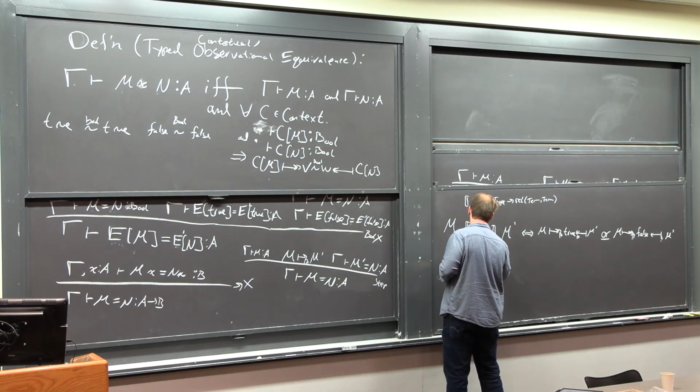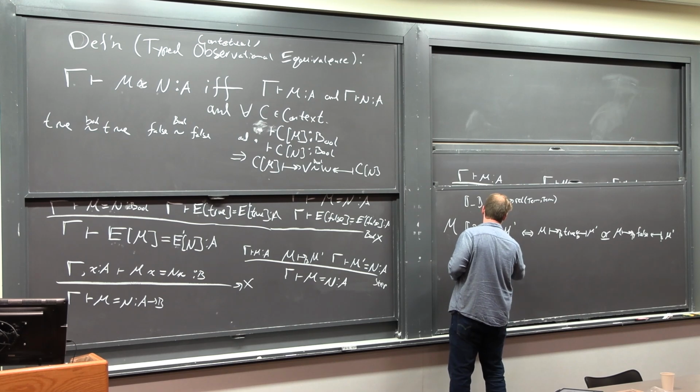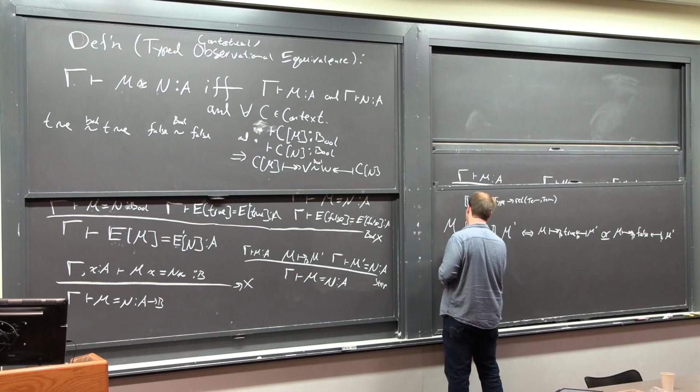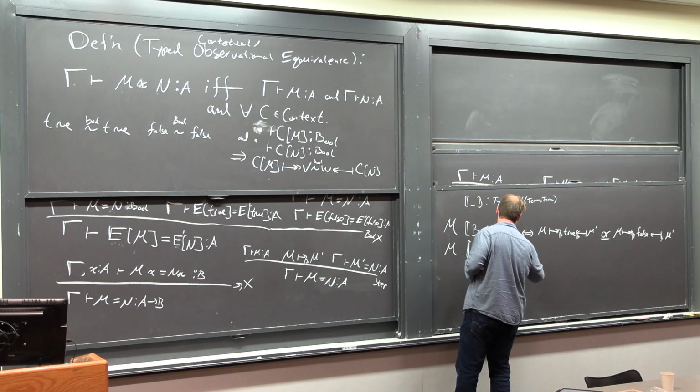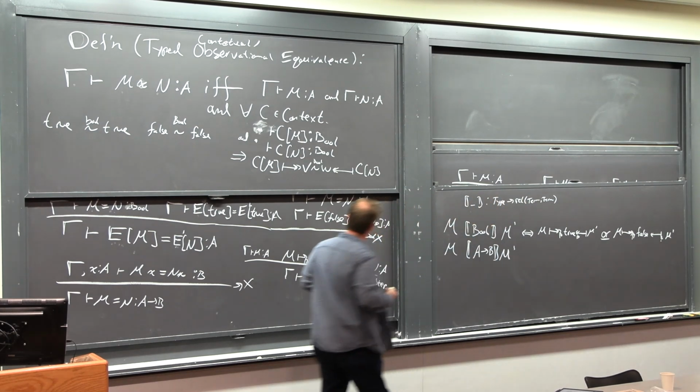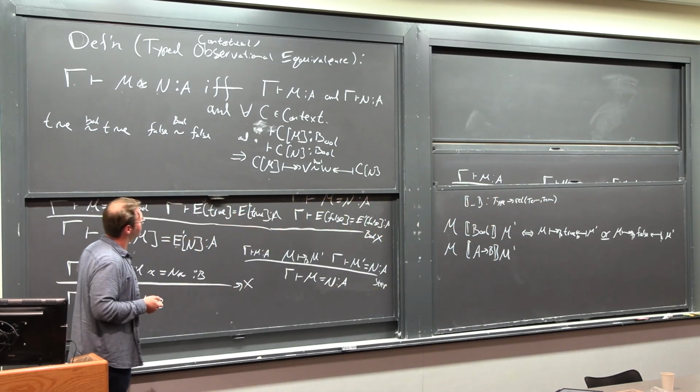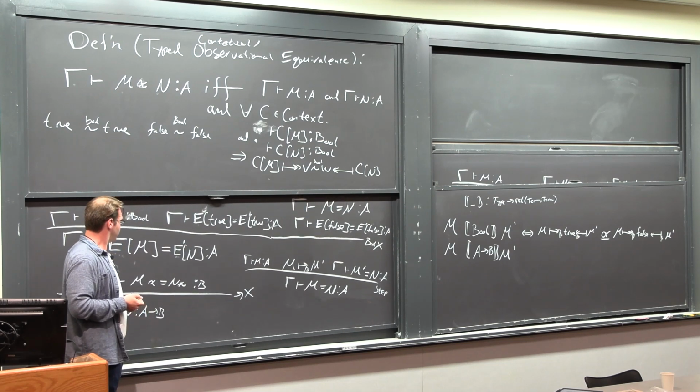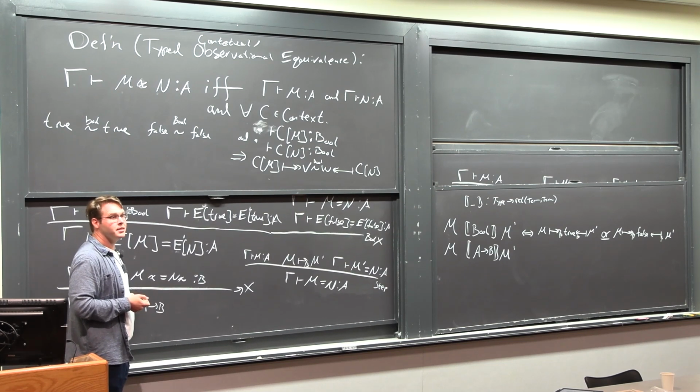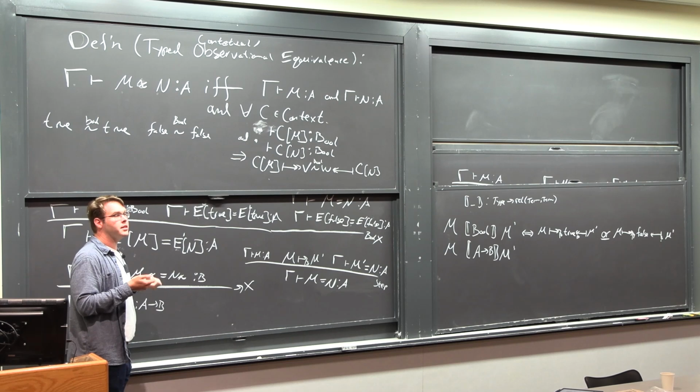What about function types? A arrow B. So when are two functions related? It's going to be really similar to function extensionality, but spelled out more explicitly. Give me any two related inputs, and I'll give you related outputs. So functions are similar when they take similar ins to similar outs. That's the motto.